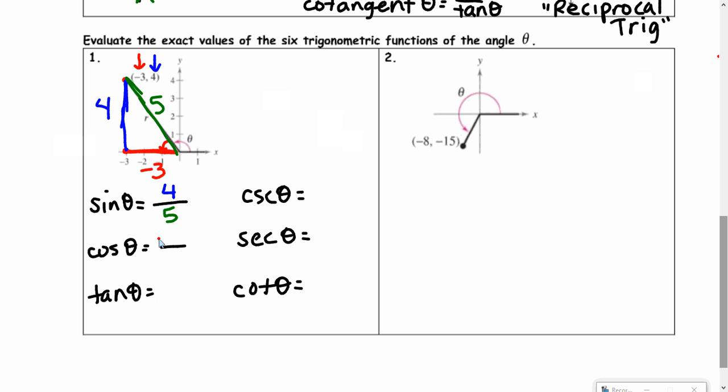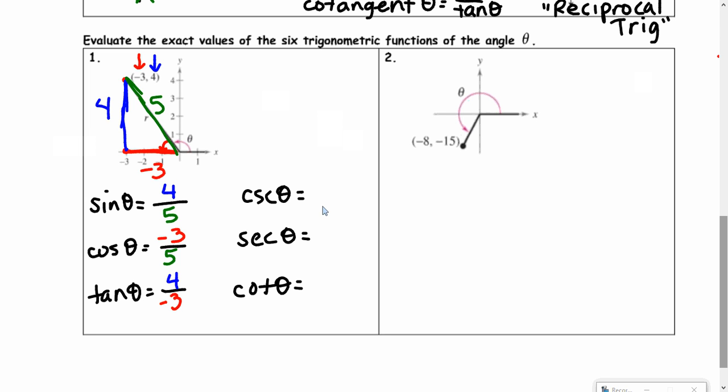So in this case, because I'm using a reference triangle there, I have to call the cosine -3 over the hypotenuse or the radius of 5. So my cosine just goes -3/5. Then my tangent is my opposite over my adjacent, or my y over my x, which is -4/3, 4 over -3, however you want to call it.